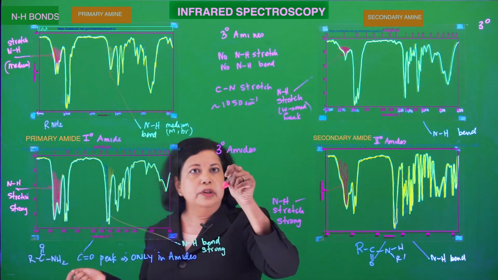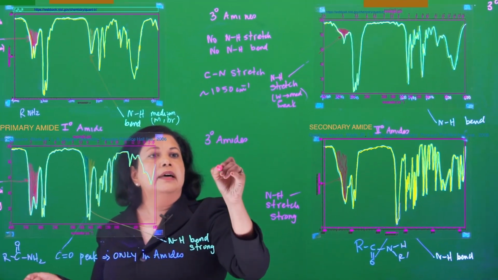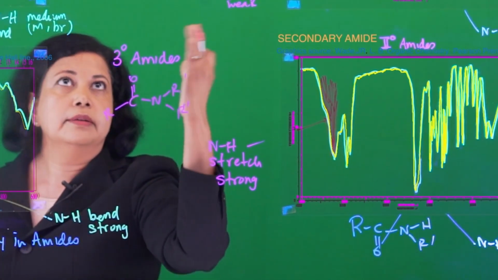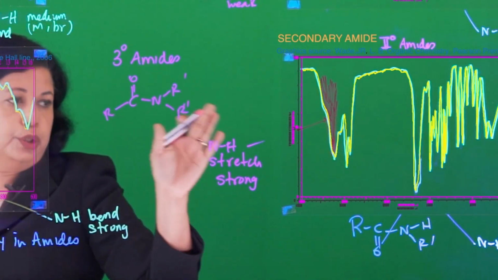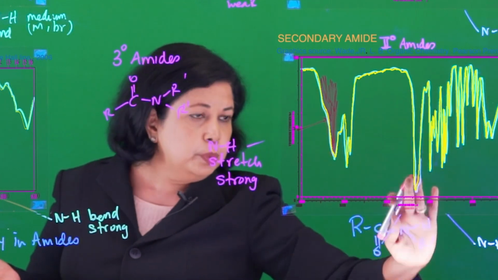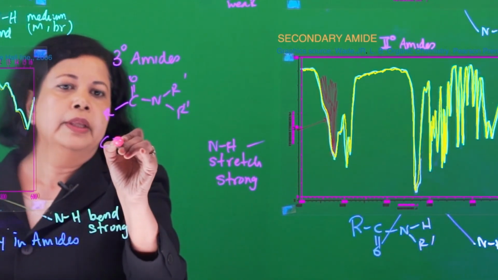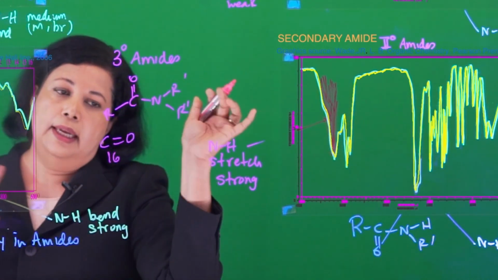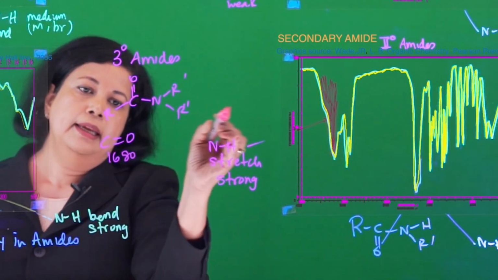Tertiary amides, you're still going to have two R groups here, and you won't have any NH groups, so there won't be any of this. There won't be any NH bends, but you would have a carbonyl, and the carbonyl would be around 1680 and below.